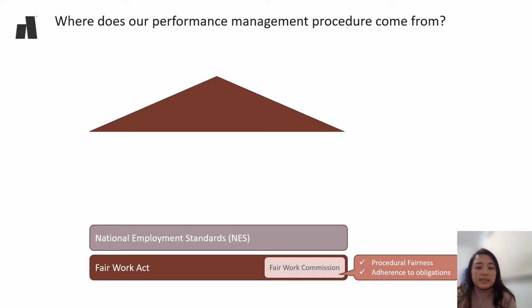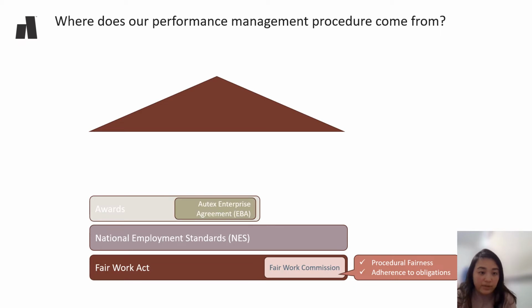The next one is the NES. I'm sure the managers are very familiar with this. And then the next one, we have the award. At Alltex, we are under the EBA for our production staff, and we are under the Textile, Footwear and Clothing Award.